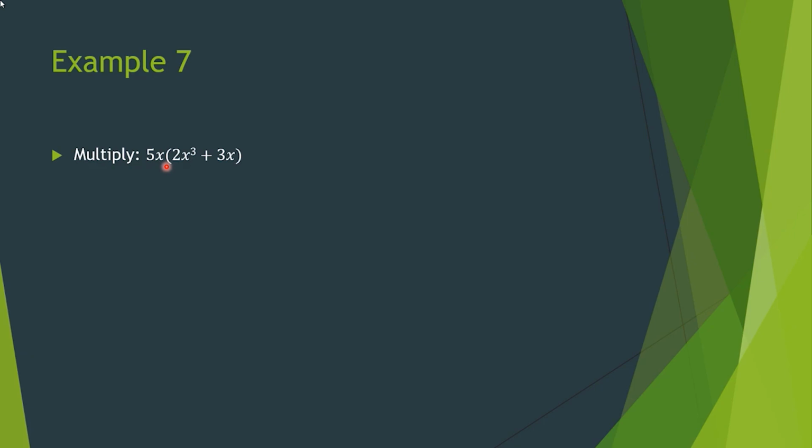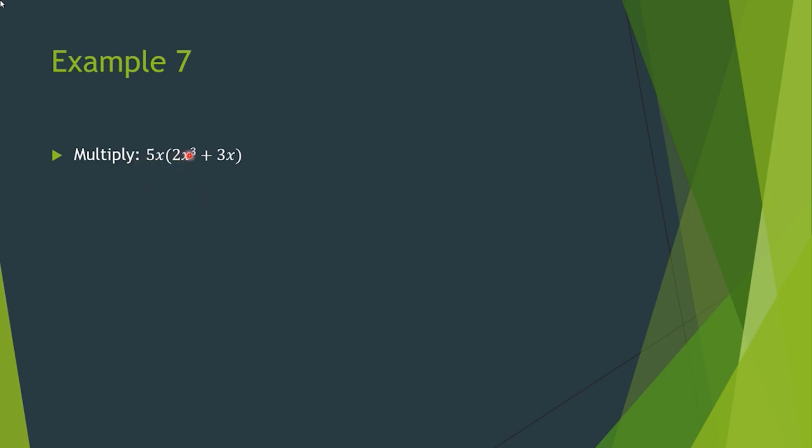But when 5x is right next to the parenthesis, that indicates multiplication. It's the same for a square root. If you have a number right next to the square root, they're being multiplied, but that's for a different time.